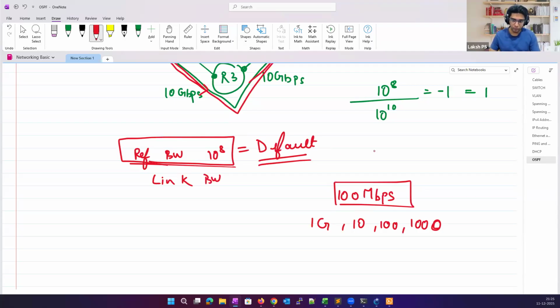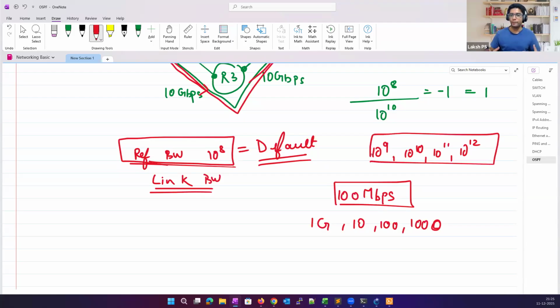You can go for 10 power 9, 10 power 10, 10 power 11 or 10 power 12, based on the link bandwidth that you have, and based on that, OSPF will have new values.